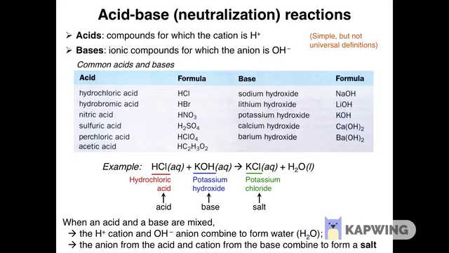If at least one of the products of the reaction is an ionic compound that is not soluble in water, the reaction is a precipitation reaction and the insoluble compound will be a solid precipitate. If at least one of the products of the reaction is a gas, the reaction is a gas evolution reaction. The gas will typically be a molecular compound.